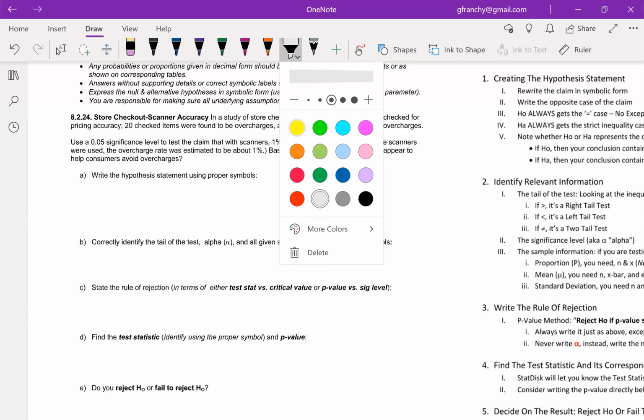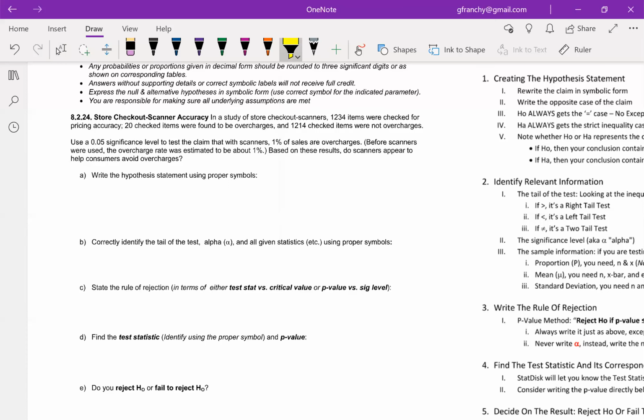And one of the things that we want to do first is identify the claim. So our claim here is that 1% of sales are overcharges. So if you think about how they track this information, it was an overcharge, it's not an overcharge.